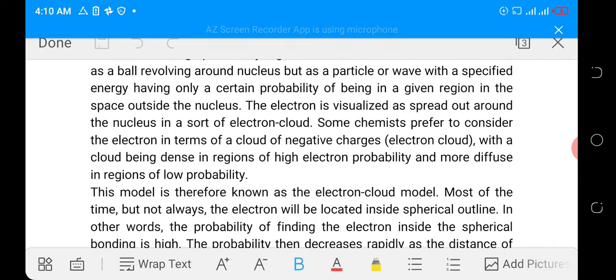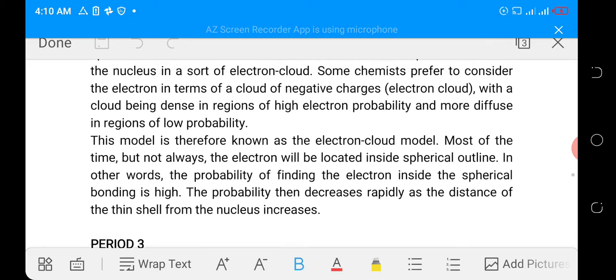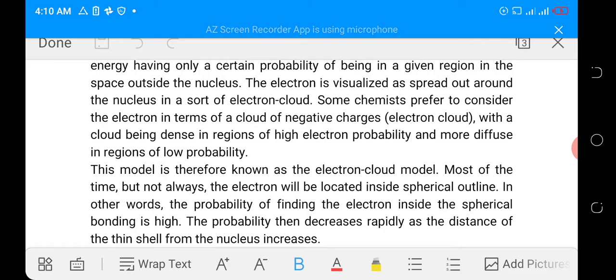Some chemists prefer to consider the electron in terms of a cloud of negative charges, that is, electron cloud, with the cloud being dense in regions of high electron probability and more diffuse in regions of low probability. This model is known as the electron cloud model.